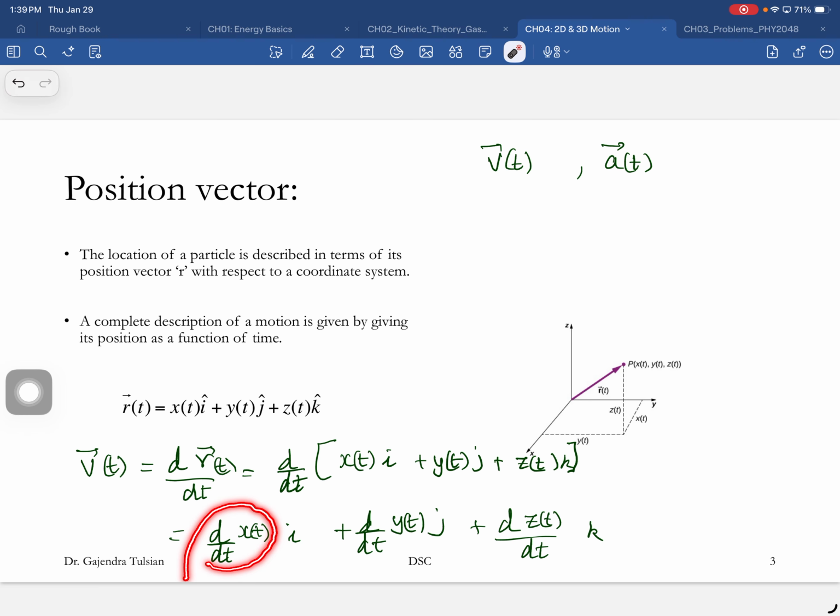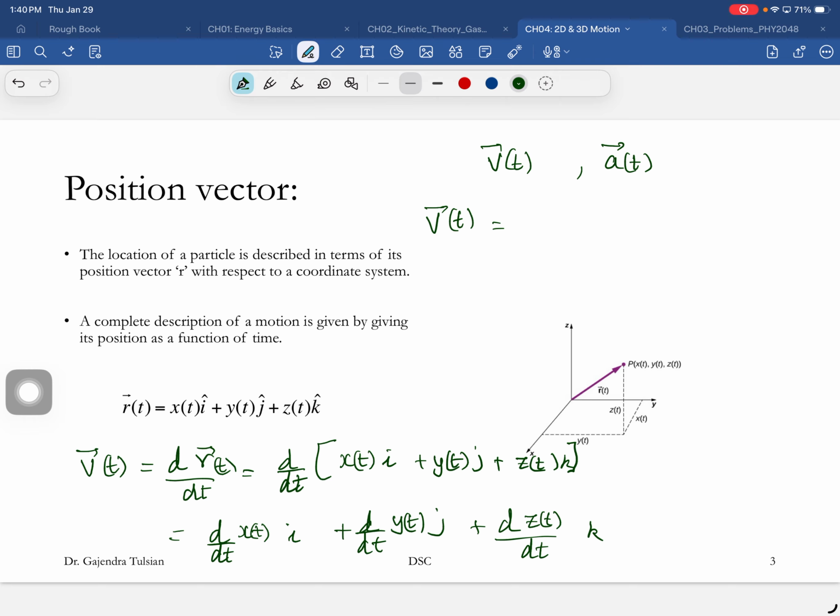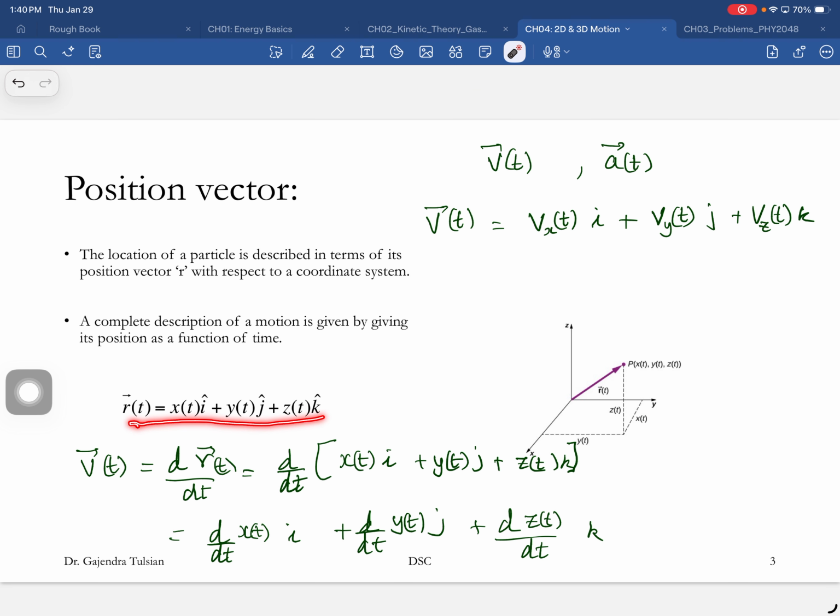See, this is a velocity vector. That's the x component of your velocity. What should we call this? So, given your position as a function of time, I know how to calculate your velocity as a function of time.